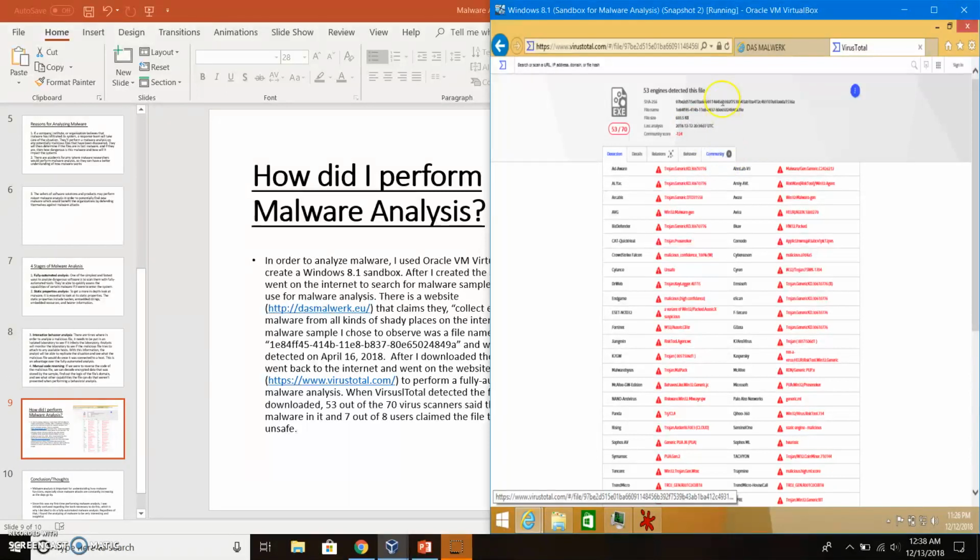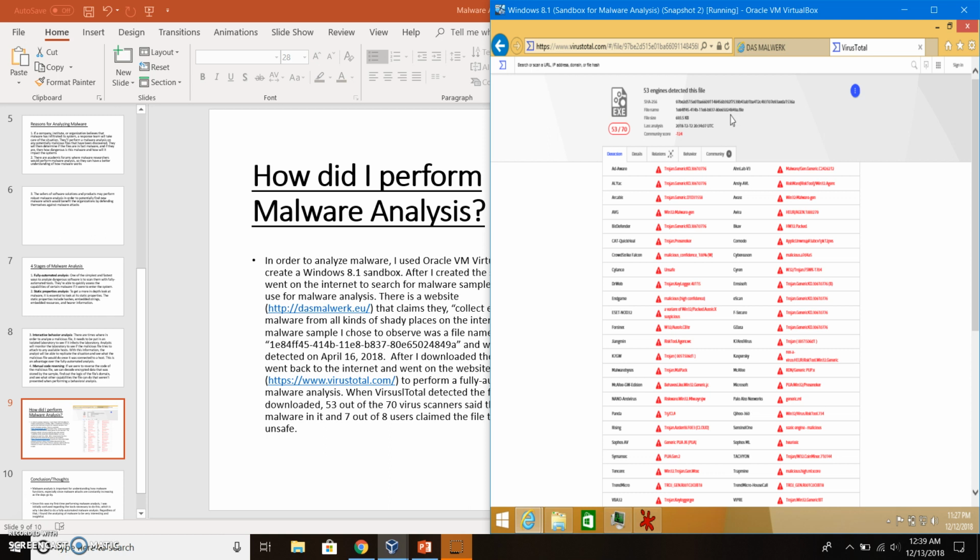Whereas this file here, the one with the huge string of numbers and letters, as it shows here, 53 out of 70 engines detected this file as dangerous, that had malware in it. Some from even notable popular virus scanners such as AVG, I believe one of them was Avast, Bitdefender, Adware, stuff like that.